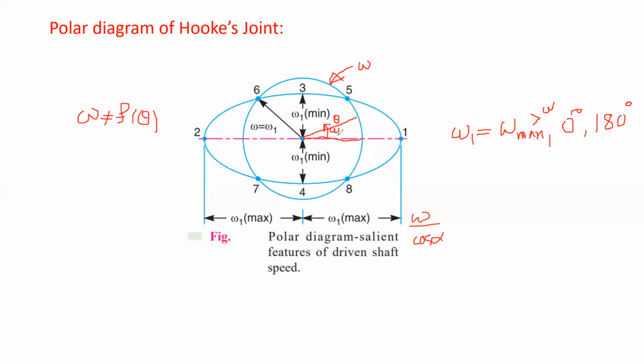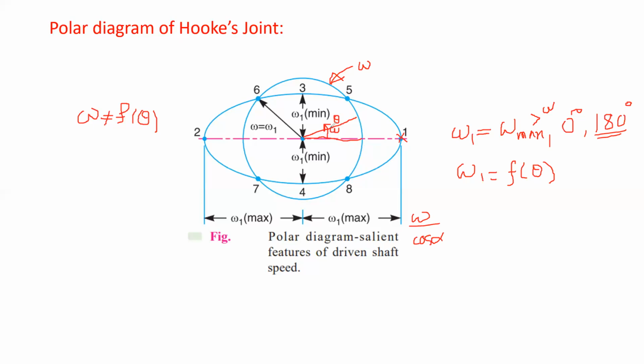As theta changes and the shaft starts rotating, omega 1 will also change, because we have seen that omega 1 is a function of theta and varies with theta. We have marked this first point. Second point, when theta is equal to 180 degrees, omega 1 again has its maximum value.